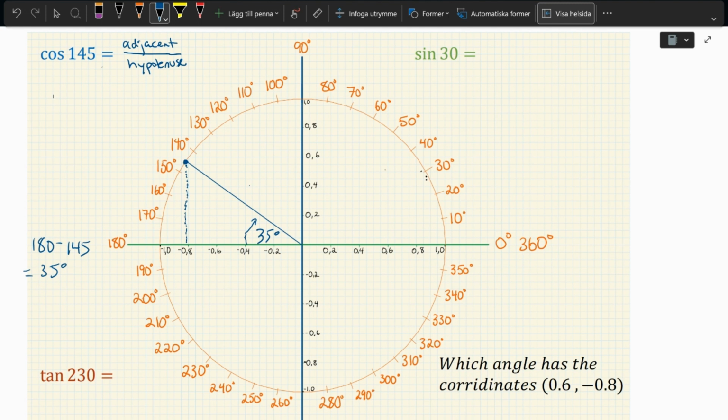The hypotenuse will always be 1 because the radius of the circle is 1. To find the adjacent side, we need to find the value of the side of this triangle that's lying on the x-axis. In this case, we can say it's roughly negative 0.85 maybe. So we got negative 0.85.